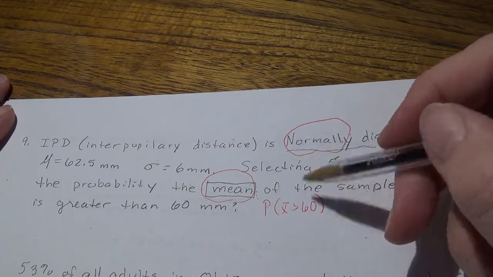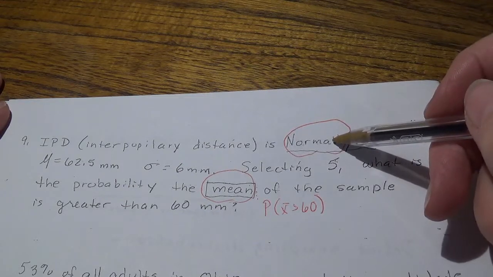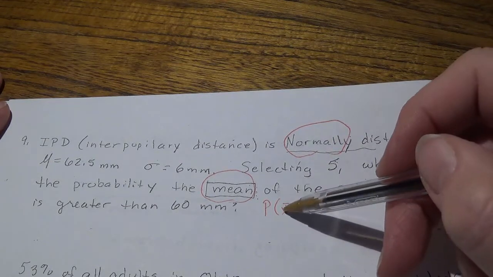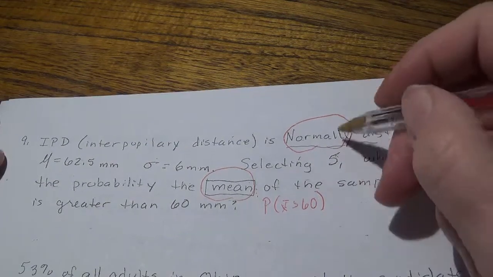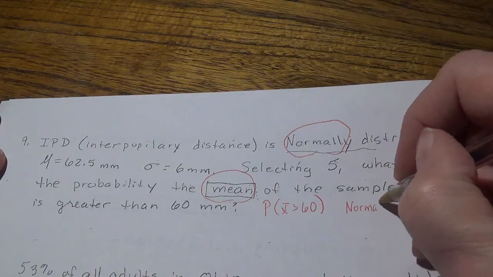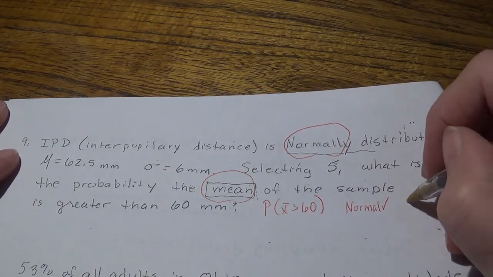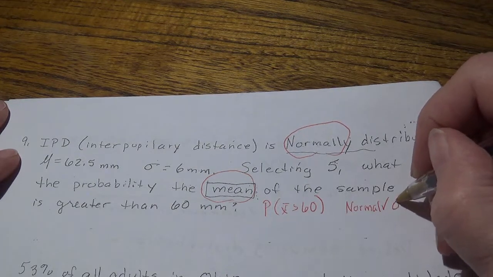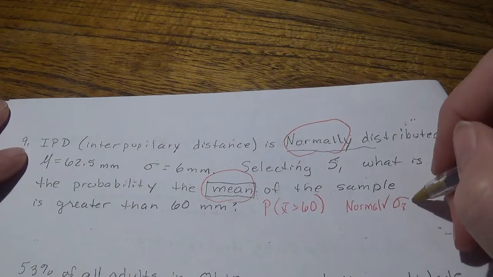There are some things I have to check. Can we use normal calculations? Yes, because it came from a normal population, so we know x bar is also normal, no matter the sample size. We checked normal. We have to use the standard deviation to get a z-score, so can we find the standard deviation?